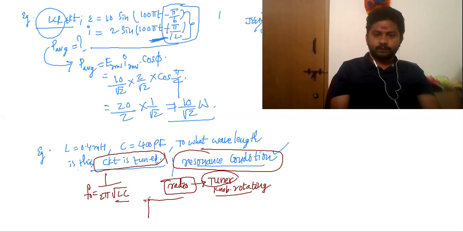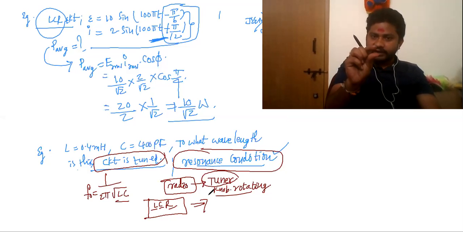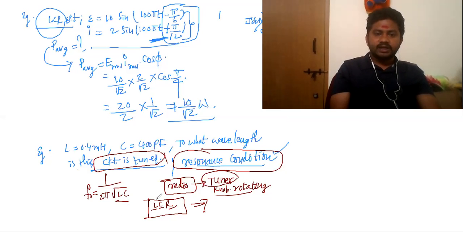Inside the radio, obviously, there is an LCR circuit. So inside the radio, there is an inductor, capacitor, and resistor. What happens here? You will be tuning it, right? When you are tuning it, your L and C values will be changing.